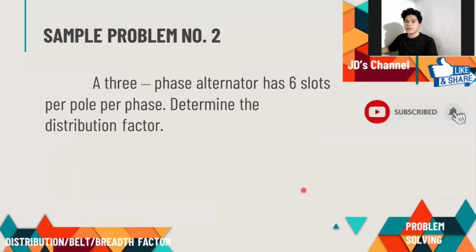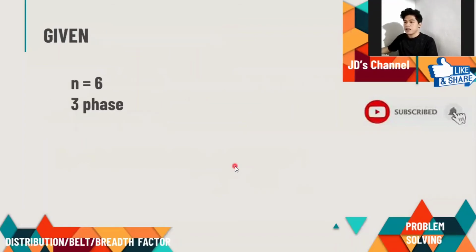A 3-phase alternator has 6 slots per pole per phase. Determine the distribution factor or the Kd or Kb natin. So, we have the 3-phase, we have 6 slots per pole per phase. So that is our given. So let's proceed. So we have the n that is 6, and 3-phase natin.